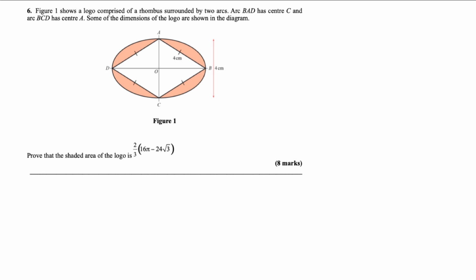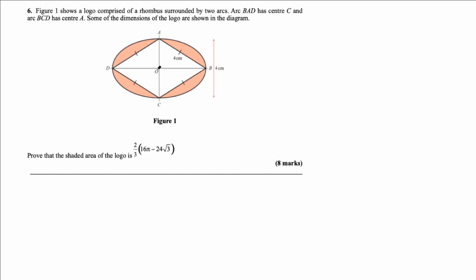So I guess they're talking about the side length of the rhombus and the height of the rhombus. And it says, prove that the shaded area of the logo is 2/3 multiplied by (16π − 24√3). And this is an 8-mark question.